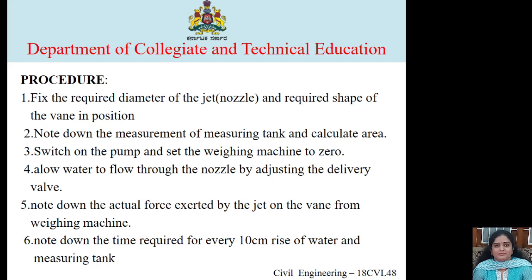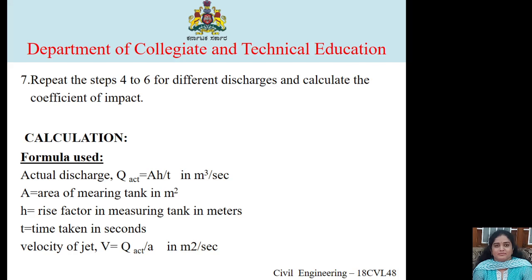Next, note down the time required for every 10 centimeter rise of water, and measure the tank dimensions. Repeat steps 4 to 6 for different discharges and calculate the coefficient of impact.